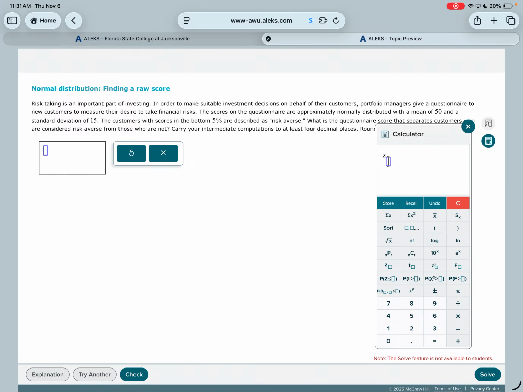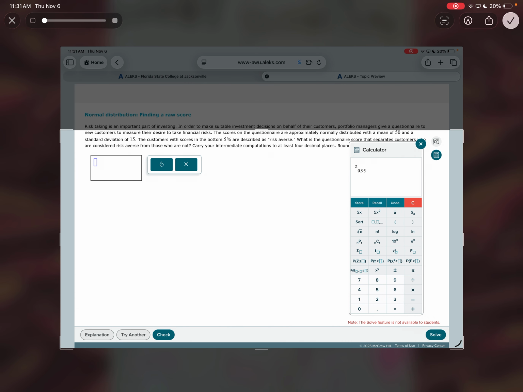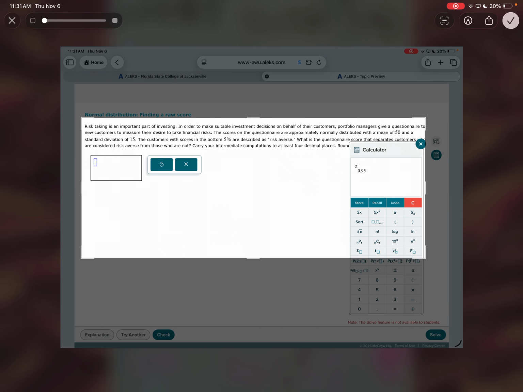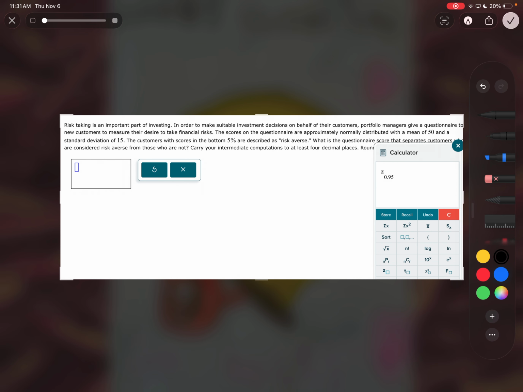So what number do I want to put in here? 0.95, negative 1.6449. Negative 1.6449. That is my z-score, okay?